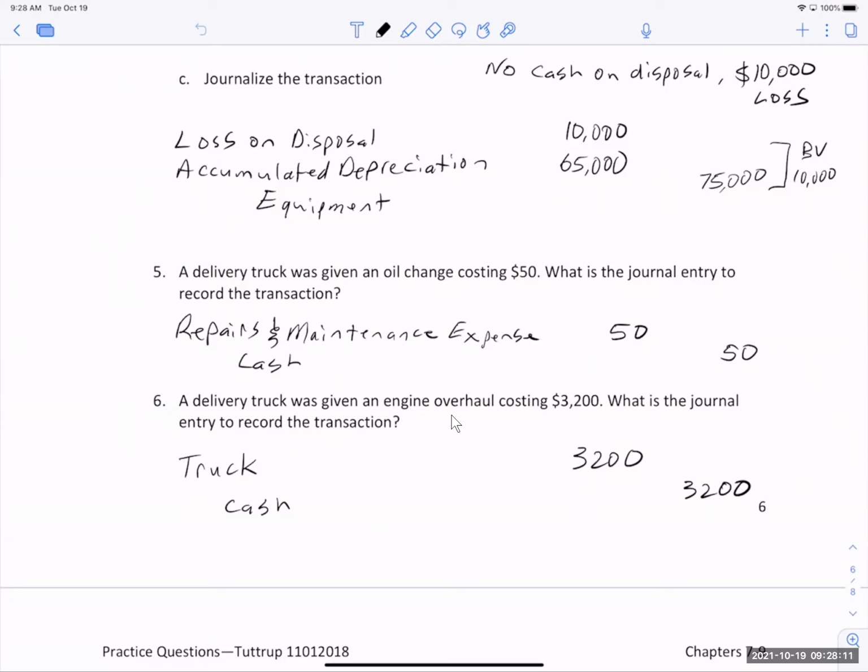That increased the useful life, then you will book that cost as an asset truck. Also, if you increase the productivity of that truck, that would be a debit to the asset truck.